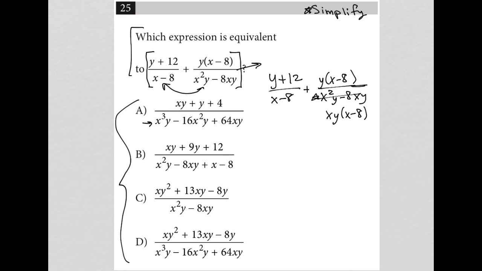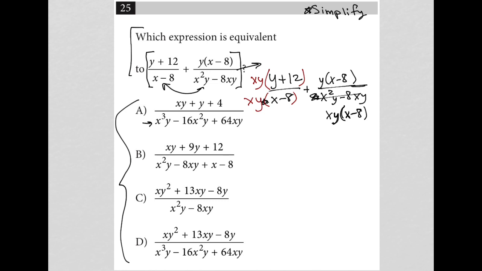In order to combine them into a single fraction, I have to have a common denominator. Looking at the denominators in the state that they were in, x minus 8 versus x squared y minus 8xy, pretty difficult to make those common denominators. But by factoring this xy out and revealing that what's inside of here is a binomial that's x minus 8, that allows me to then simply multiply the left fraction by xy, and that allows me to accomplish having a common denominator for both fractions.